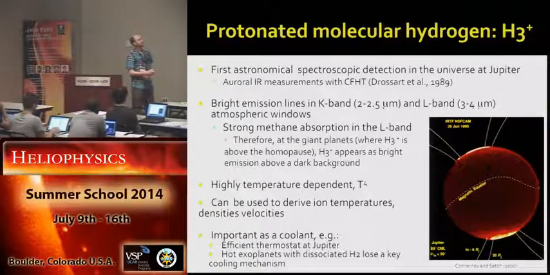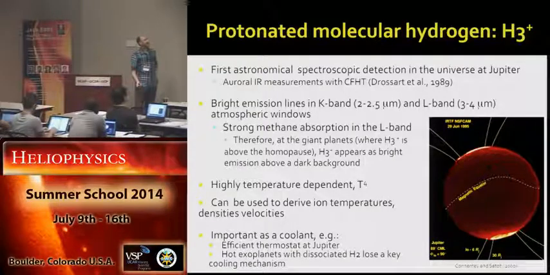So it's very easy to see. Here's an example of that. This is just a narrowband filter centered near some H3+ emission lines near 3 to 4 microns. And you can clearly see the aurora and even a little bit of structure across the planet.